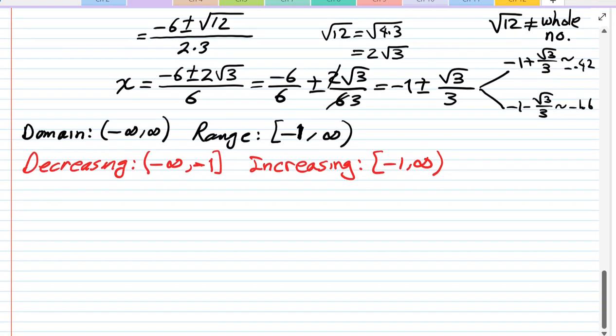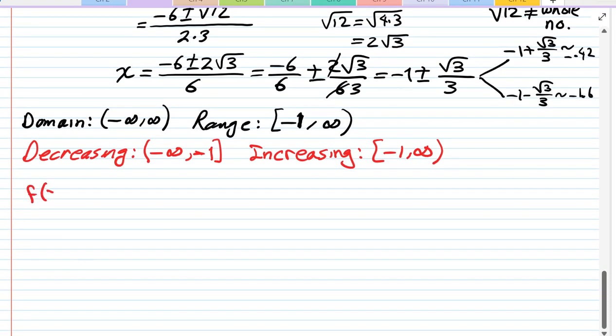And we're going to write that. So the function f of x is positive from -infinity up to -1 minus √3/3. Use parentheses here, not brackets, because at that point it is 0. We want it to be above 0.